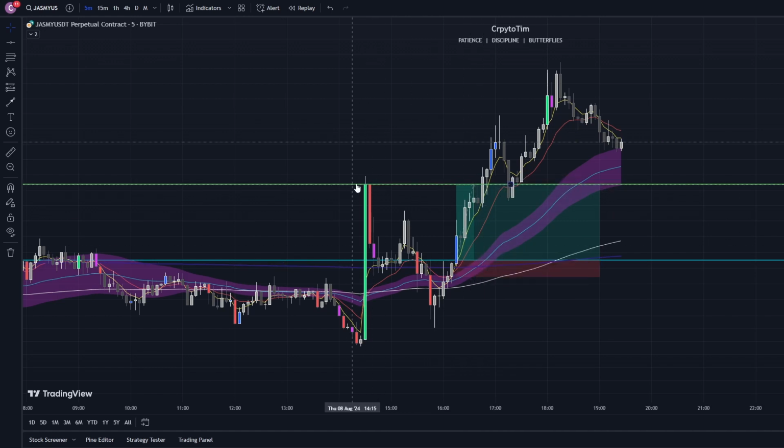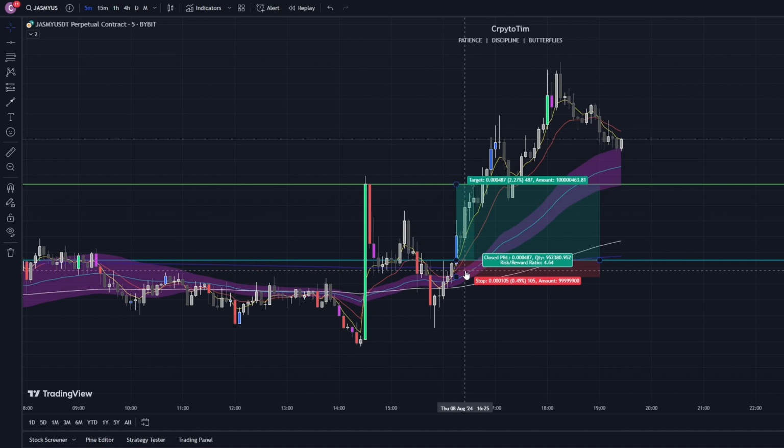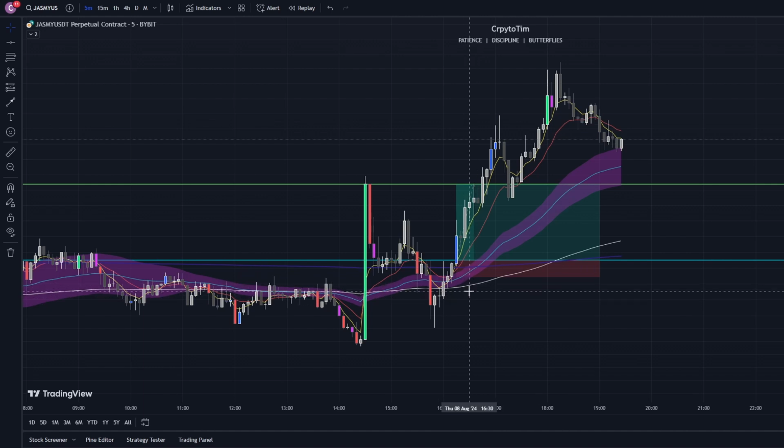Take profit target, same as the other trades, the full recovery of this red vector candle. And the stop loss is below my 5 and 13 EMA crossing. Same here, it's a tighter stop loss, but if this one gets taken out, we will be dropping below our 200 EMA as well, and even more than likely coming back to fully recover this green vector candle.